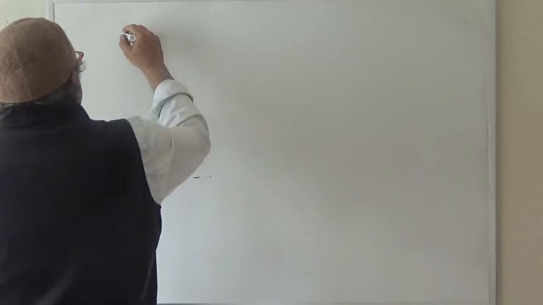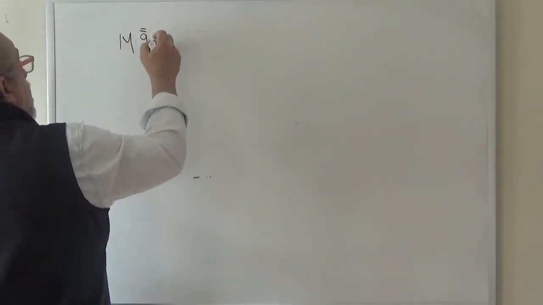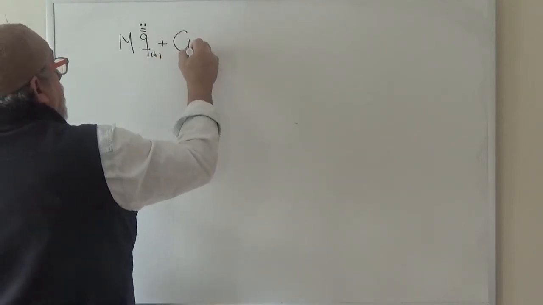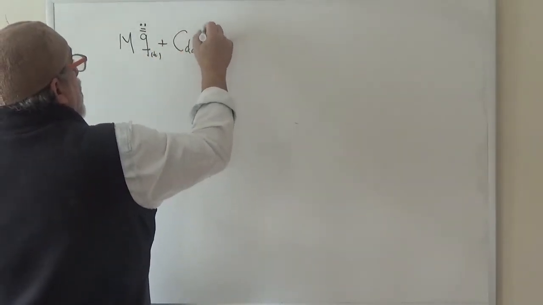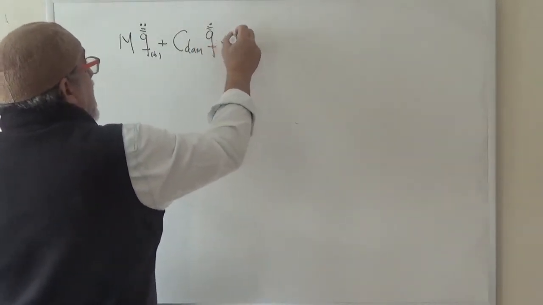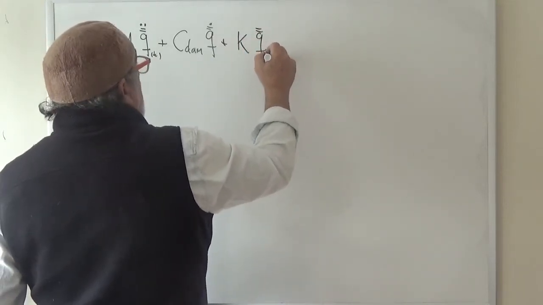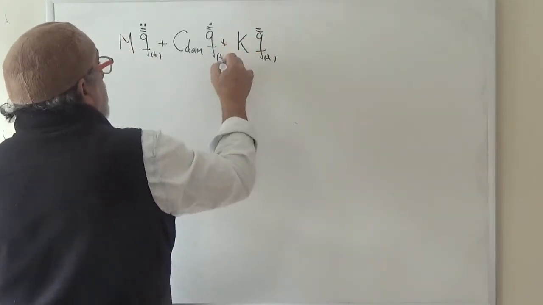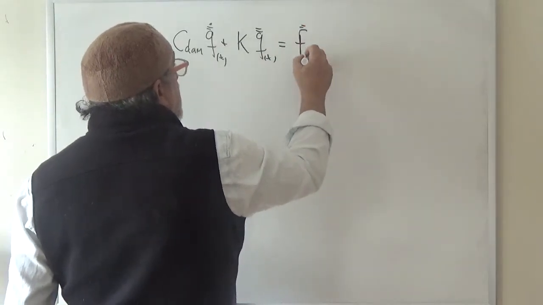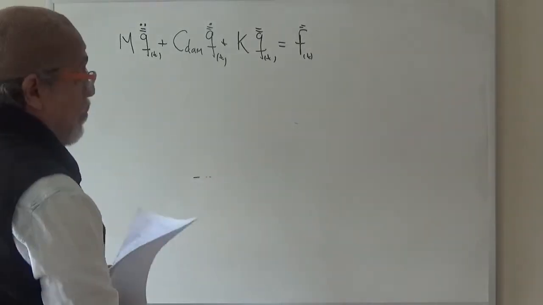Now let's look at the equation of motion again: M q double bar double dot of t plus C damping times q double bar dot plus K q double bar, which are our functions of time here, equals f double bar of t.